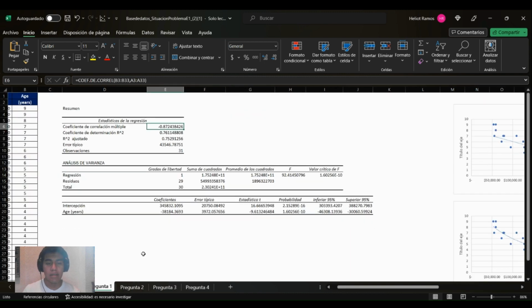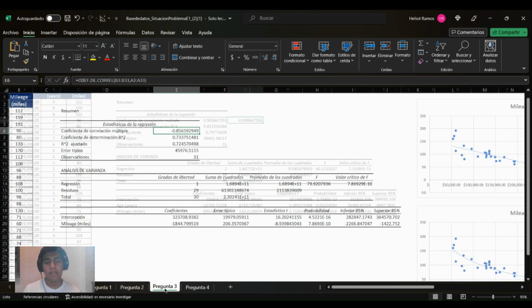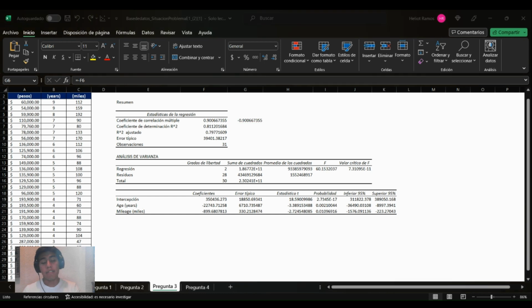As you can see, we had 0.87 and minus 0.85. However, here we have 0.9. That's a little bit more correlation with these aspects, meaning that the more variables we add, the better the analysis of a line or curve, you could say, we have.